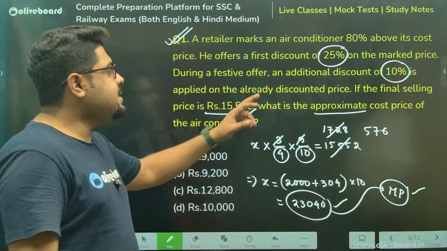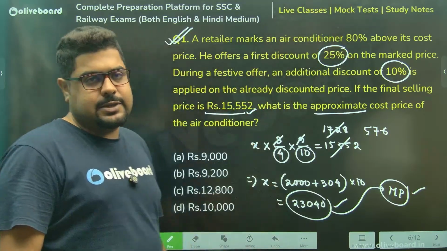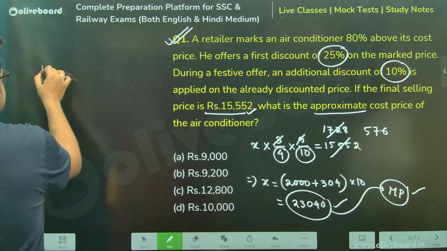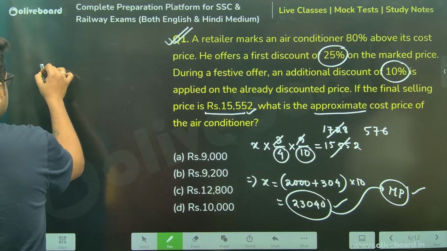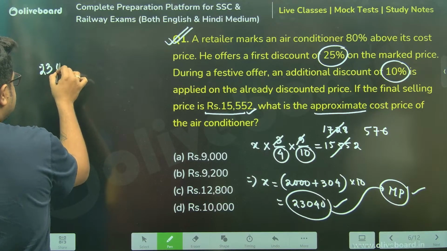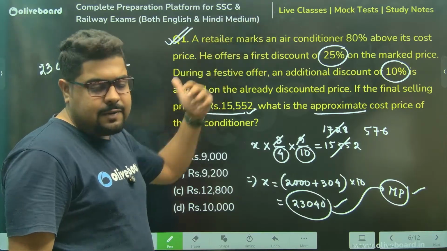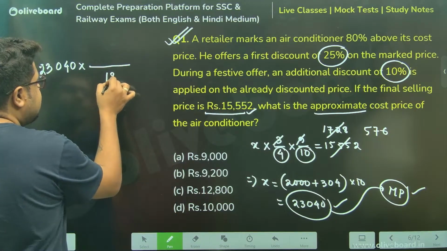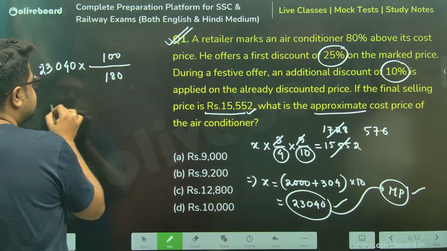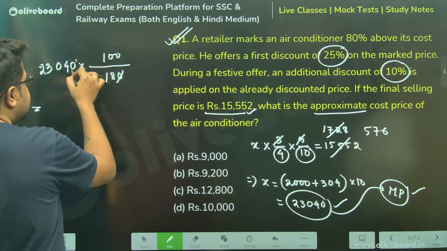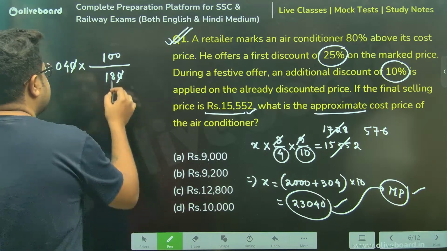Now, marked price is 80% above the cost price. Meaning this 23,040 is representing what? 80% above. This is MP, meaning 180% is MP. I need CP, meaning 100. So this 0 and this 0 gone. 4, 3, 7 to 9.